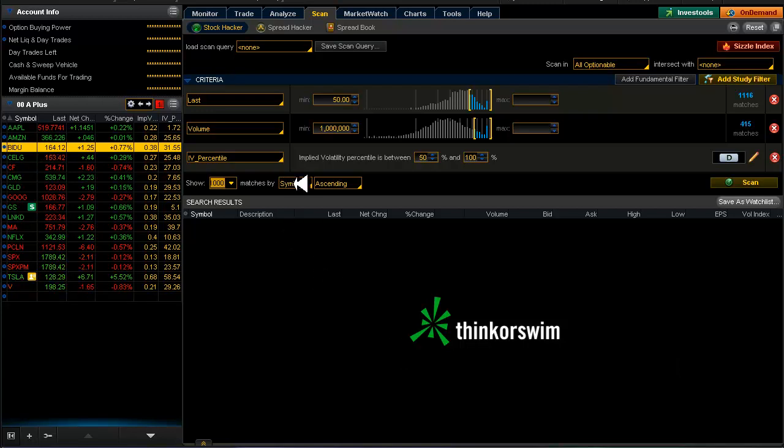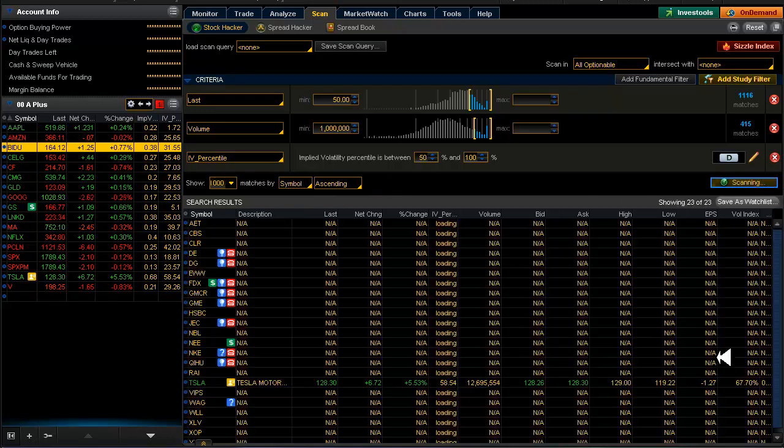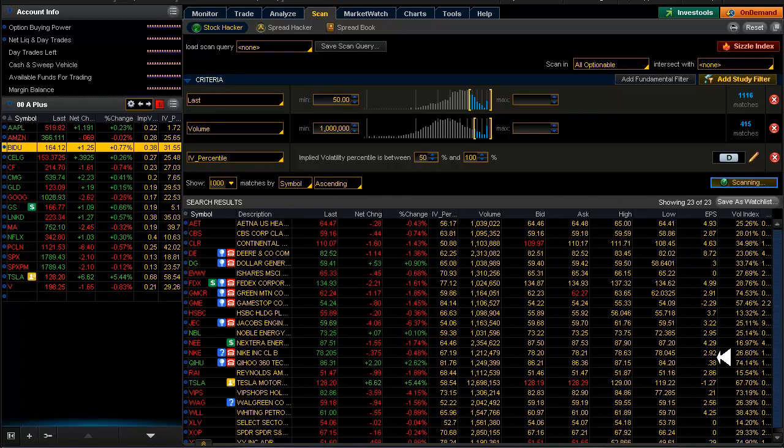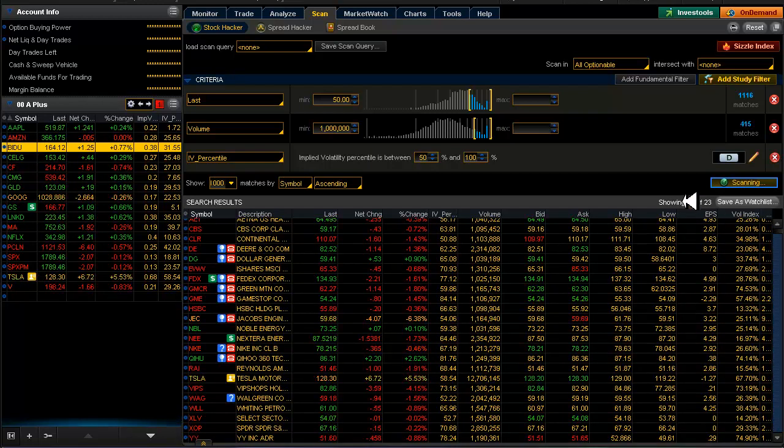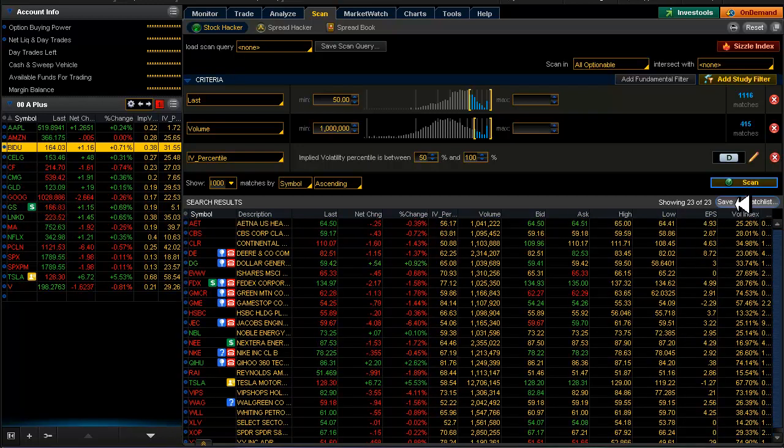We want it alphabetically by symbol, and we just hit the scan button. And we come up with a list of stocks. And how many are there? There's 23. That's all.